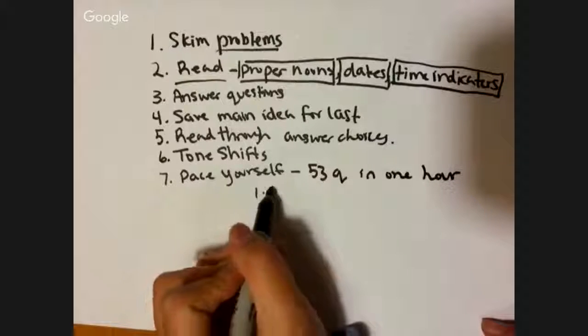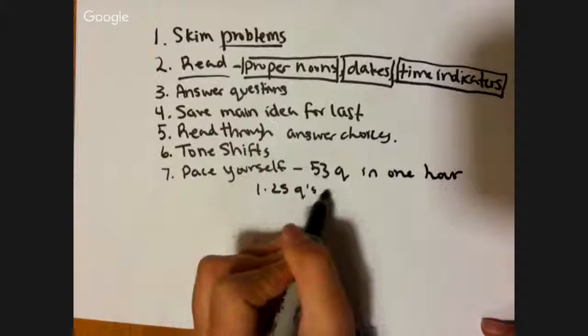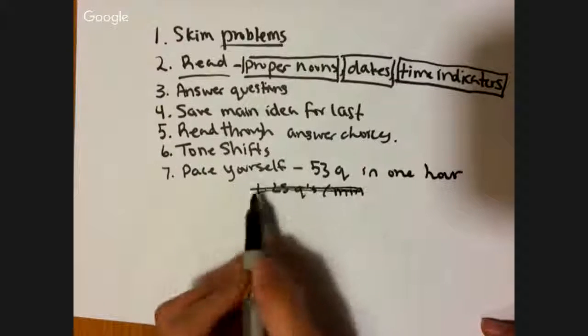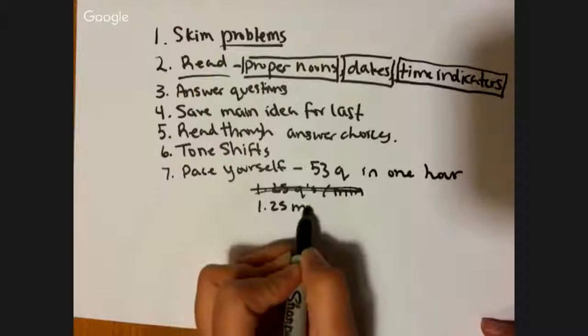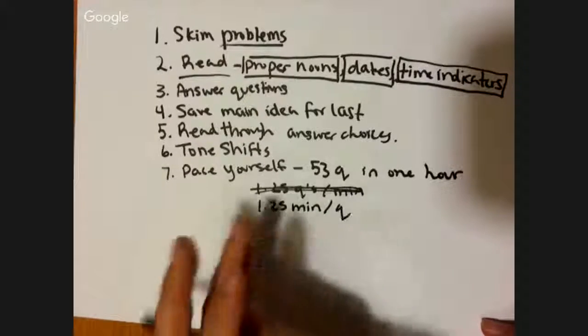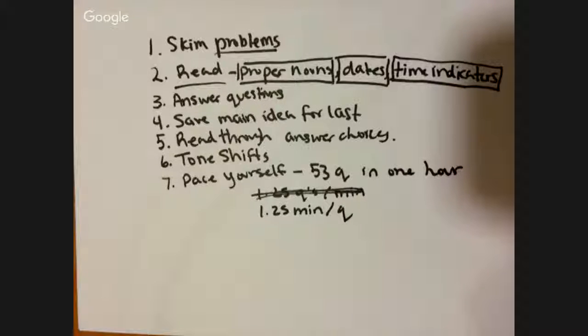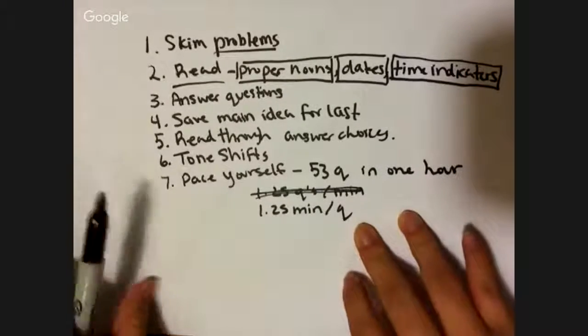So about 1.25 minutes per question. So you'll want to make sure you're working at an adequate pace. Constantly be looking at the clock and make sure you have enough time, and also that you're not rushing through. You don't want to make any silly mistakes that you could have avoided if you just went back and found hard evidence.